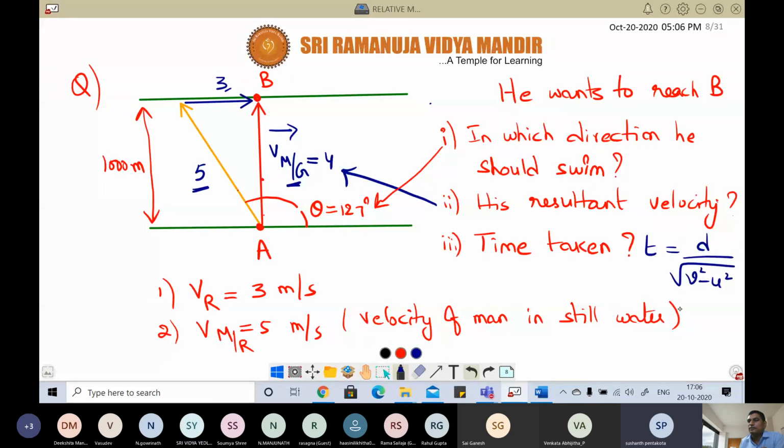Please don't remember in terms of V and U. I prefer remember in terms of width of the river divided by under root man's effort square minus river velocity square. Man's effort square is 5 square, 25, minus river velocity square 9. So that is 16. Root 16 is 4. So therefore 1000 divided by 4, that is equal to 250 seconds.